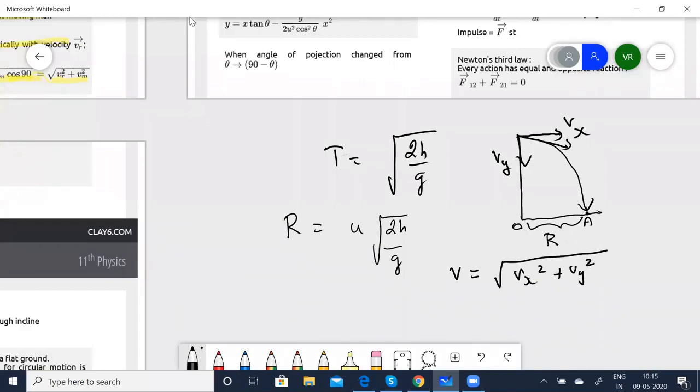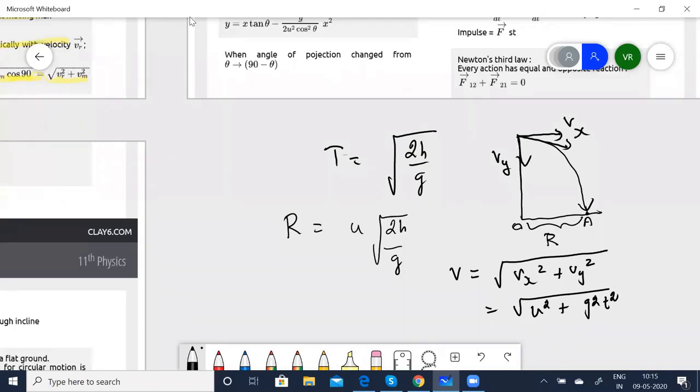Remember that. In other words, when I take Vx as the initial velocity u, that is u squared, then Vy is gt, so it is g squared t squared. So the resultant velocity V is given by root over u squared plus g squared t squared. Remember that.